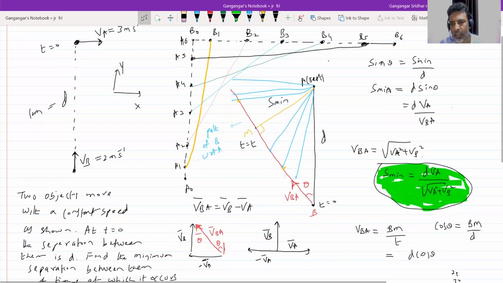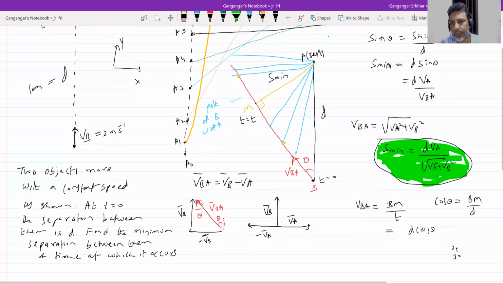I'll scroll down. Somebody please mute it. So BM equal to, I'll substitute the value of BM. This is the VBA value, let me keep it as it is. So what is cos theta?